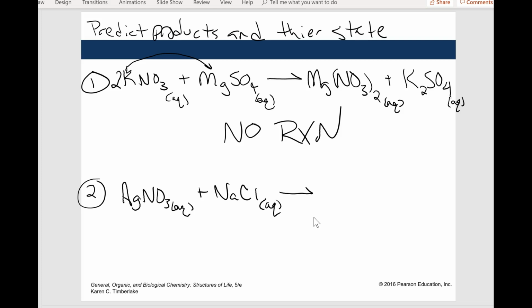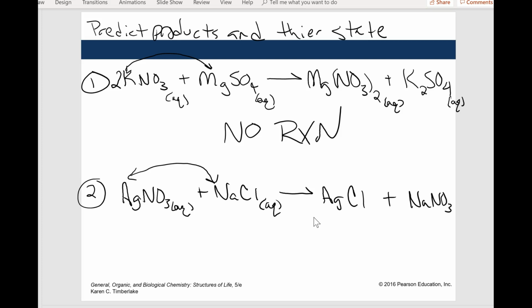All right, now let's look at the next set. So again, on this one, the cations are going to switch places. And we're going to end up with silver chloride and sodium nitrate. We still want to confirm that we have charge neutral compounds. So we check our charges.